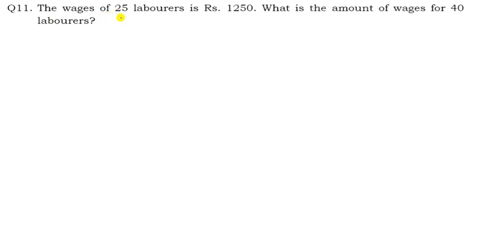The wages of 25 laborers is rupees 1250. What is the amount of wages for 40 laborers? So you can write here laborers, and here is the wages.